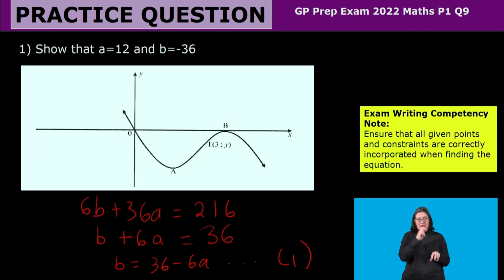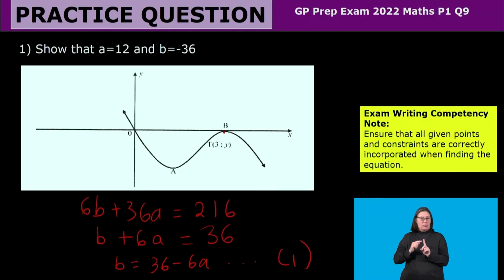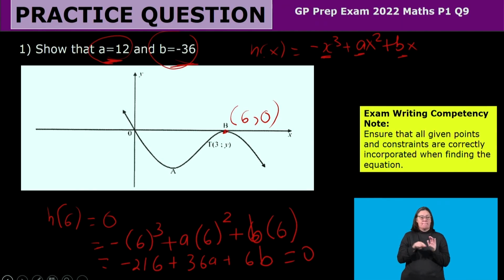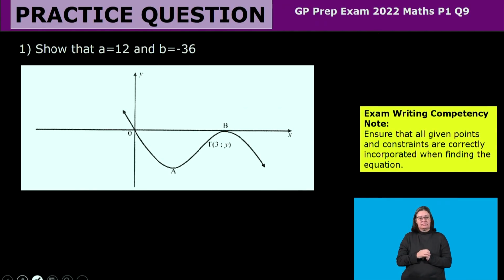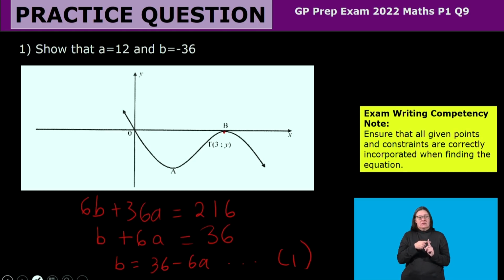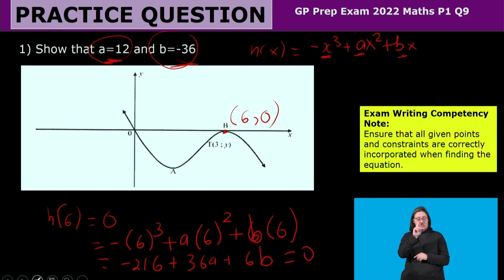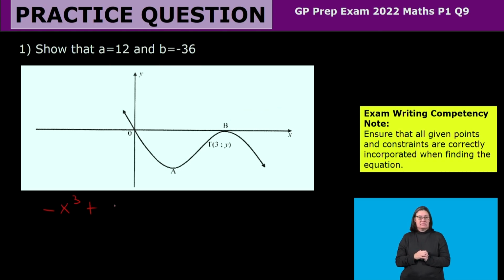Now we need another expression which we can use to solve simultaneously with this equation. So we've got our equation 1, we need our equation 2. That comes from the fact that this point B is also the turning point. So if I take the derivative of my expression, the expression being minus x cubed plus ax squared plus bx, now take the derivative of that.